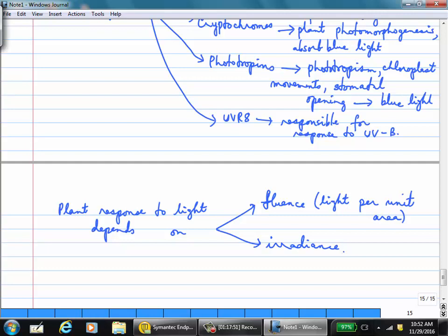And irradiance is light per unit area per unit time, that means per second. So that's like the intensity. Both of these factors can be important. It might be important to give a lot of energy over a short period of time. Or in some other situation, it doesn't matter over how much time the total amount of energy is spread out.